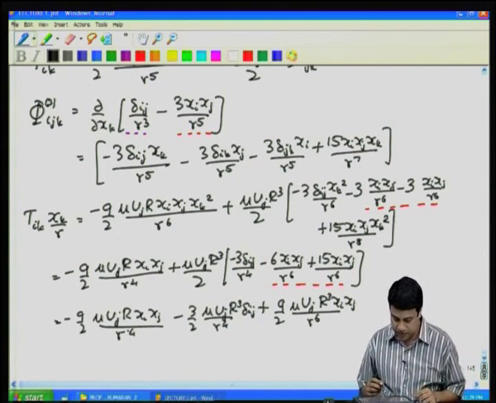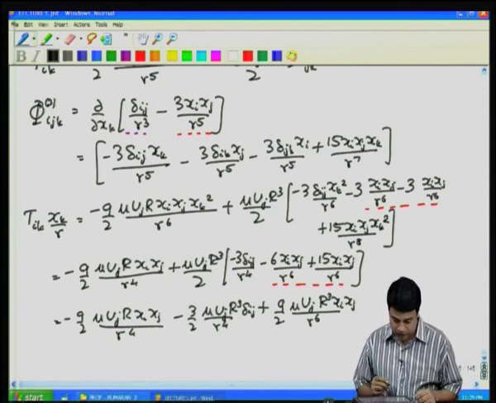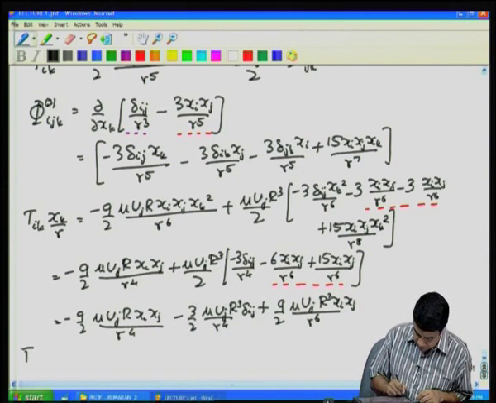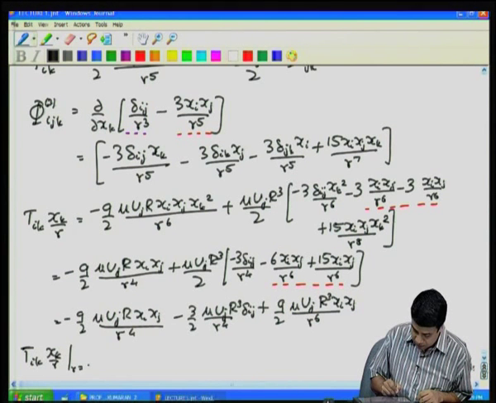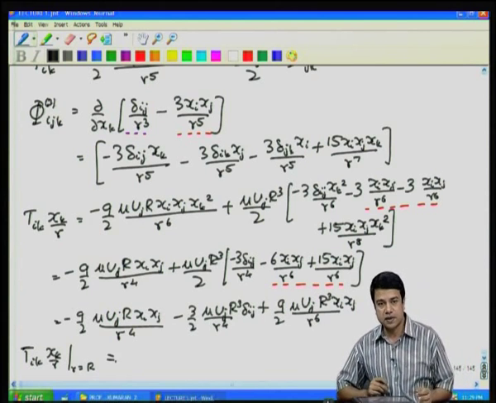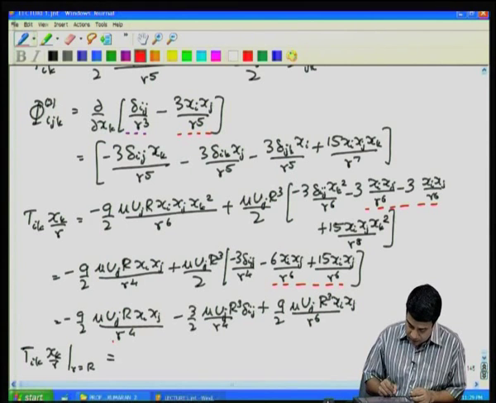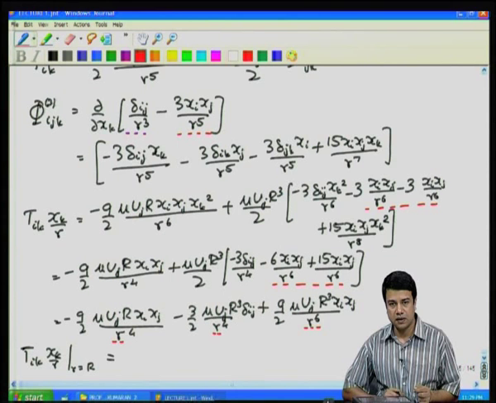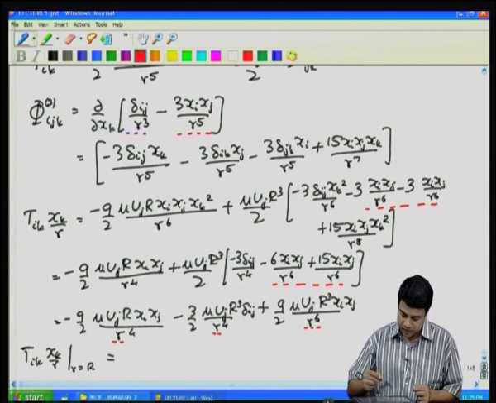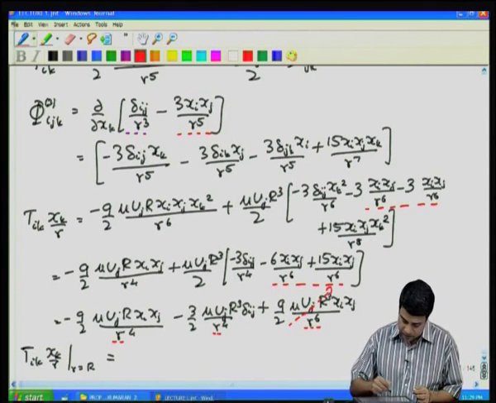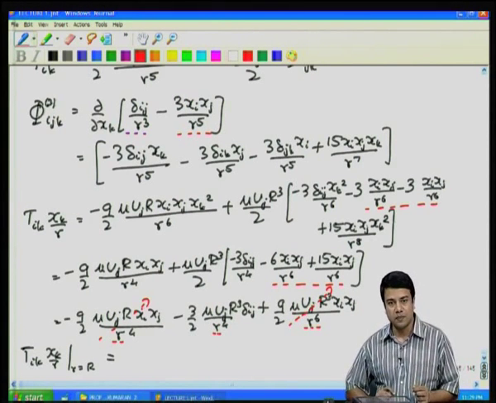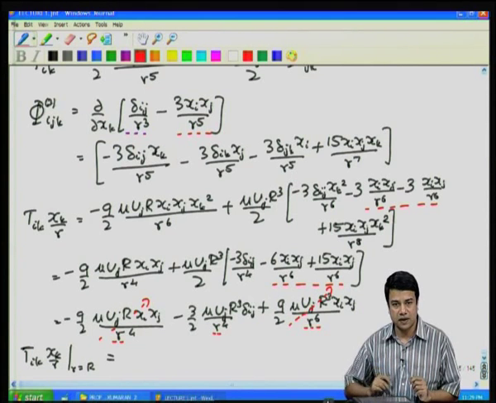So, T i k x k by r at r equal to capital R, I just have to insert capital R instead of small r in the terms in the denominator. And when I do that, you can easily see that this one will exactly cancel with this one, because they are both identical except for negative signs.